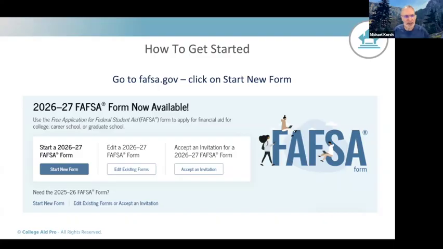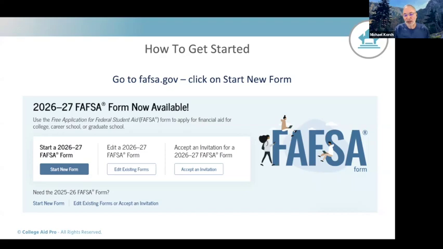Most of the kids started their freshman year maybe in August or September, and that would then be their sophomore year next year. For those of you with 2026 grads, we're looking ahead to the beginning next August or next September for their freshman year. You can start a new form.